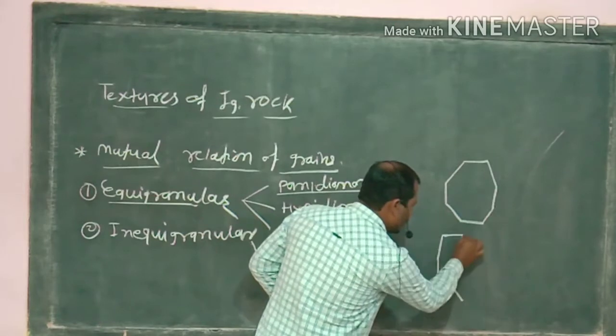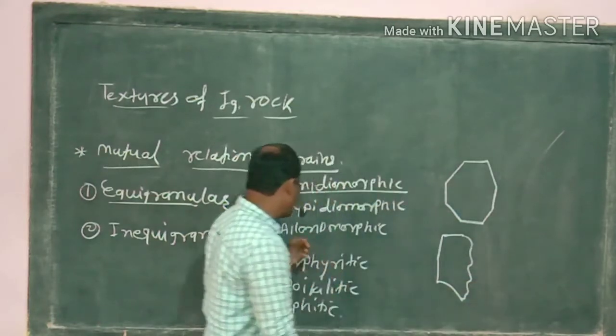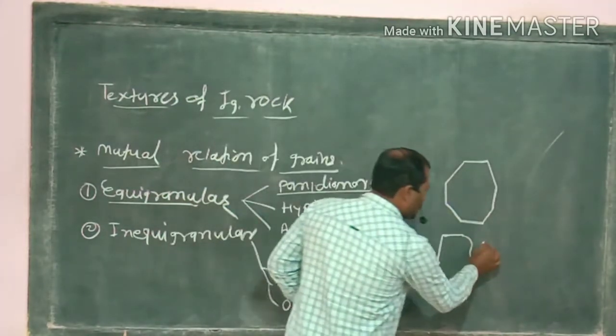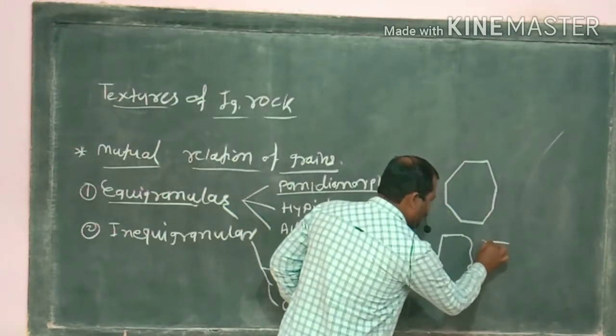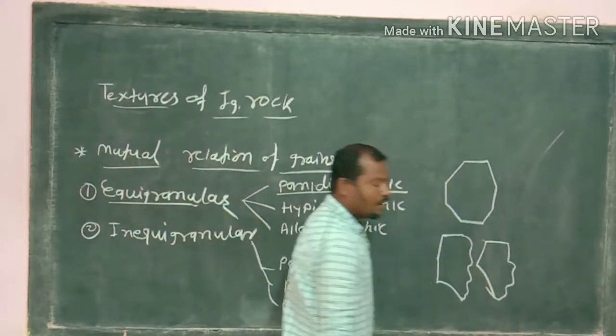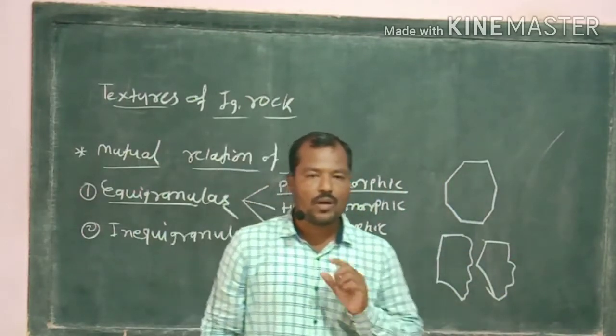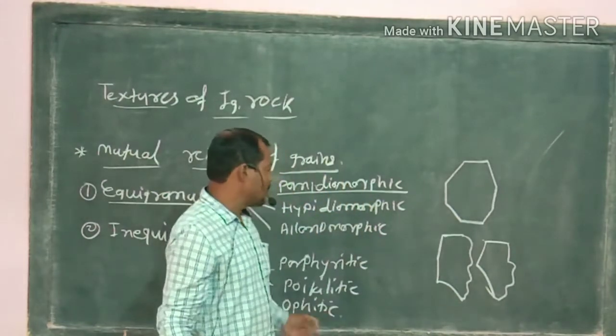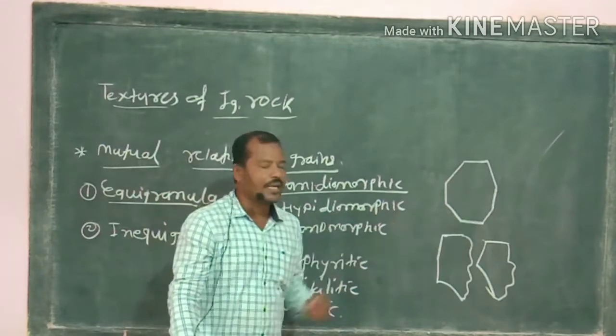That texture is called hypidiomorphic. Such partially developed mineral grains formed within the rock mass is nothing but hypidiomorphic texture.